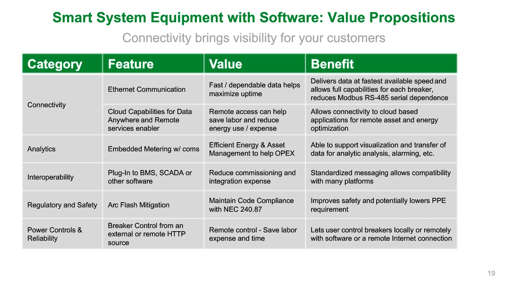We also have power control and reliability functions, where, again, we have remote control of a breaker that's possible. So if you have a breaker trip at a remote site, it's possible to get online and turn the breaker back on remotely. So all of these values really can help from the perspective of taking our old technology and moving it to the future of having this connected, smart, intelligent distribution system that gives the user that much more capability.